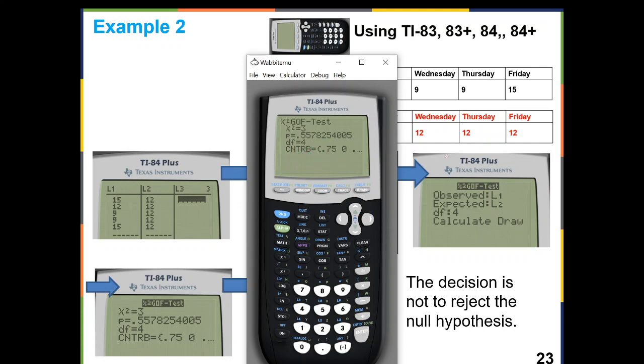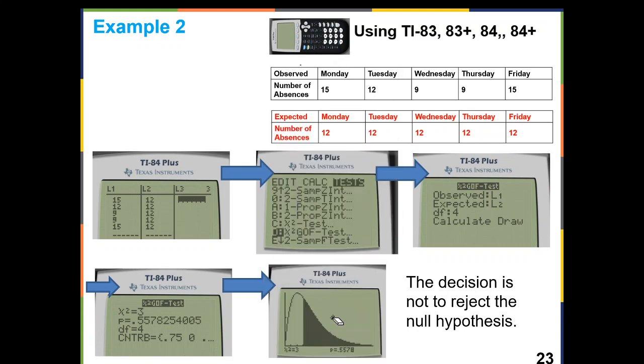Contributors are basically those numbers, differences, right? So if you take the differences and square them and divide, those numbers become these numbers right here. Those are the contributors. We don't need them. We just need the test stat, which is right there, and the p-value. And if you graph, you're going to get this.